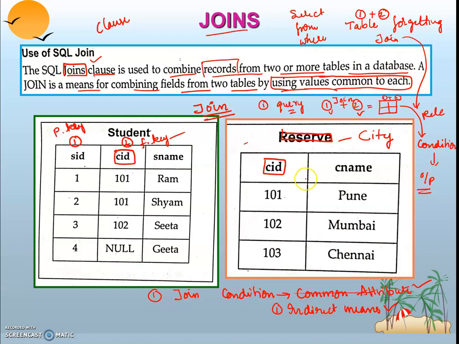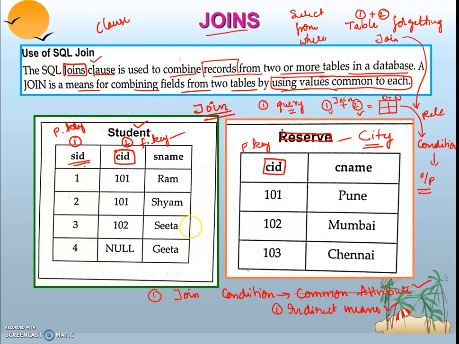Now this CID in the city table, here I'm calling it the primary key. Why? Because it is acting like a unique ID which is used for referring to the contents of city, whereas in the previous case, SID is the unique key used for referring to the contents of student.